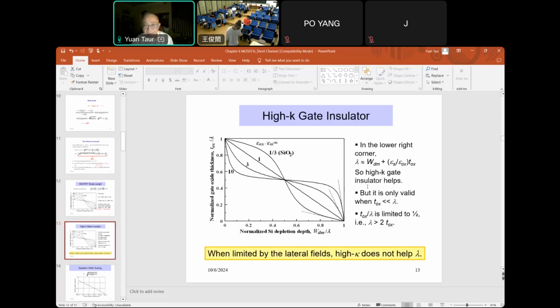So for high K gate insulator, high K means this ratio is small. So that helps. For a given WDM, the high K will drop the second term, which means that the scale length is shorter, therefore the minimum channel length is shorter.